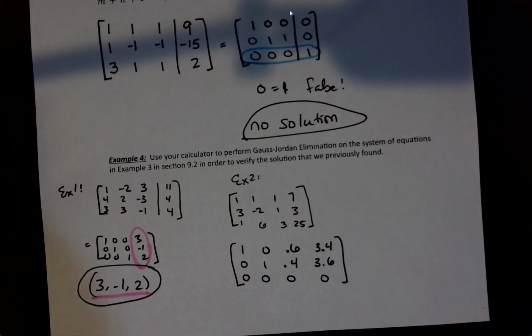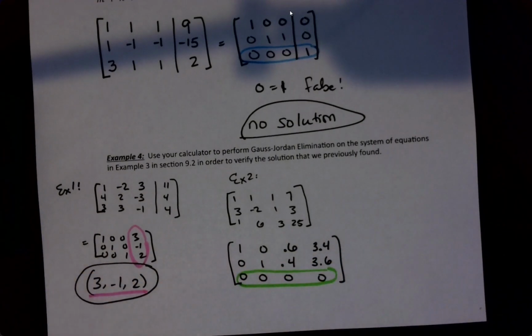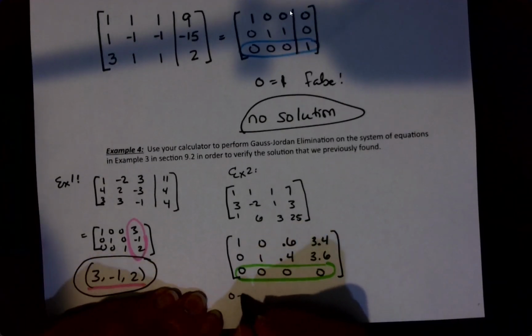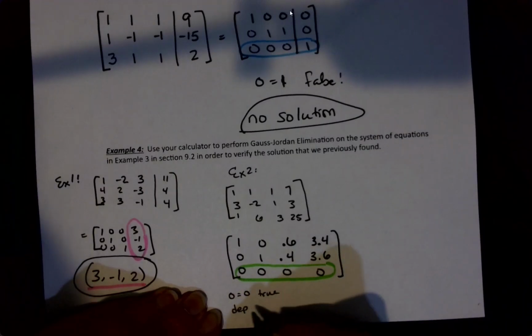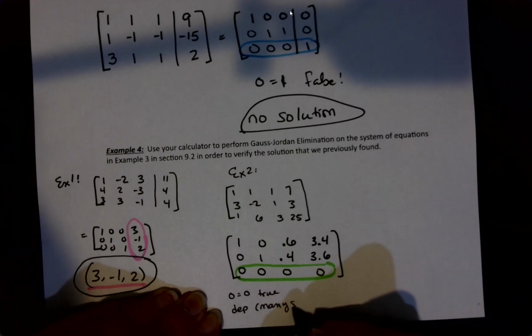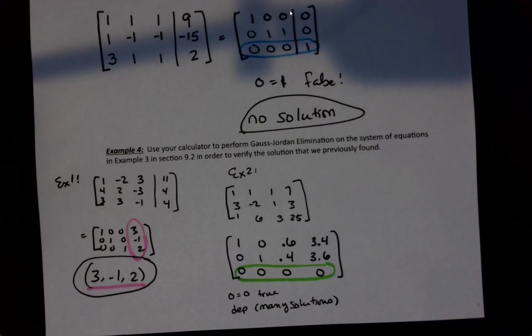Okay. We certainly have a 0, 0, 0, 0 line. We can see that that means that our system is going to be dependent. So 0 equals 0, it's true. So we have a dependent system, which means many solutions. And let's see if we can quantify what those solutions are going to be.